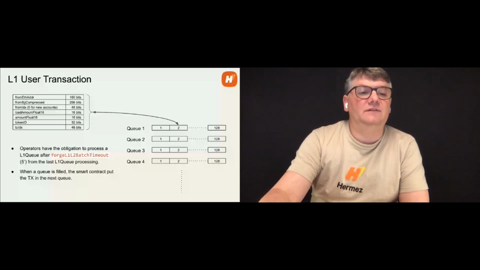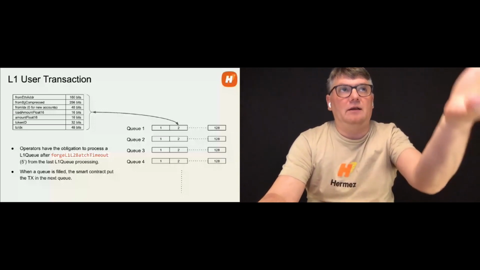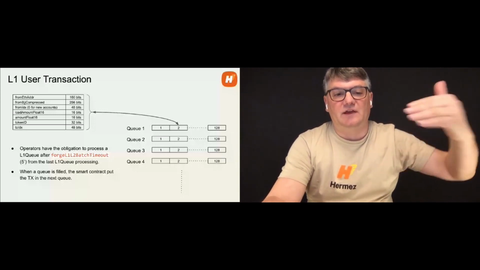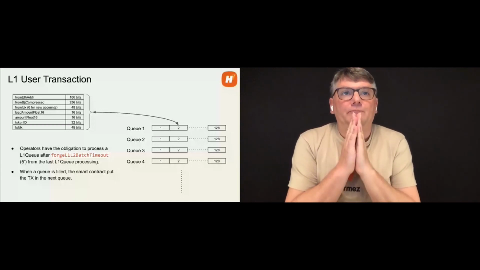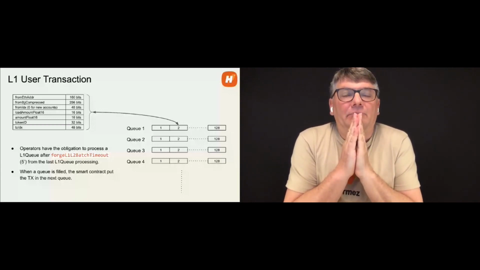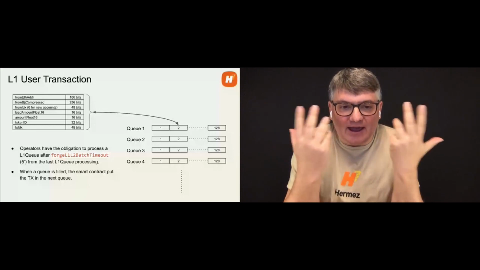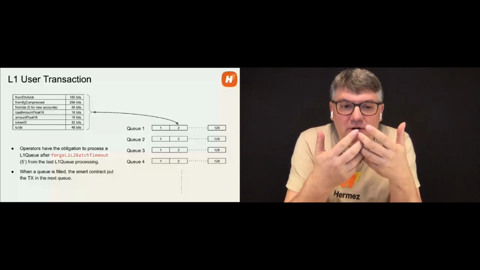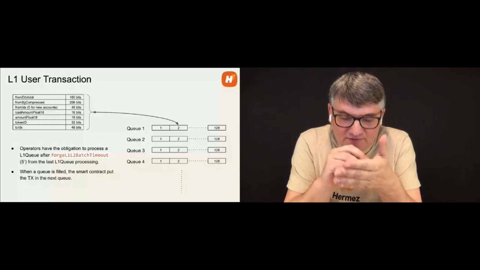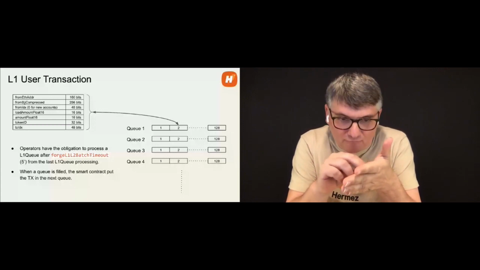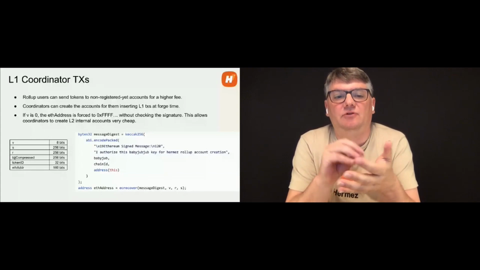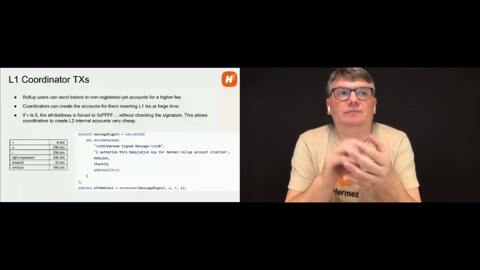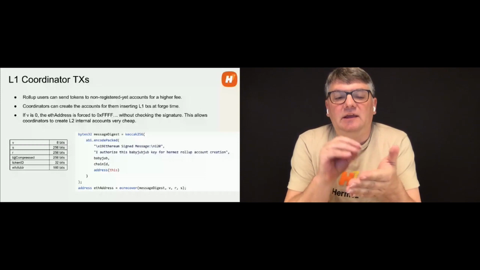A cool thing of these L1 transactions: this would be what we call a user transaction. It's a transaction that the user does in layer 1. But there is another kind of layer 1 transaction. The operator, in the same transaction that is forging the batch, just before forging the batch, can add L1 transactions there. Okay, and these L1 transactions are mainly for creating accounts.